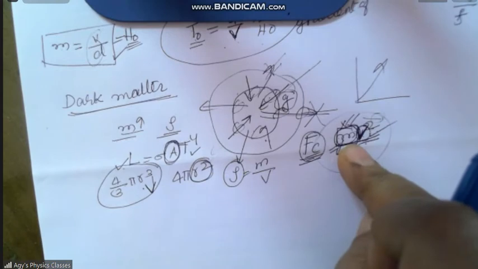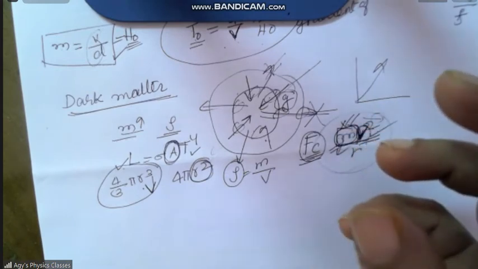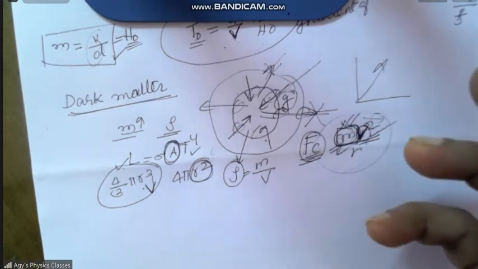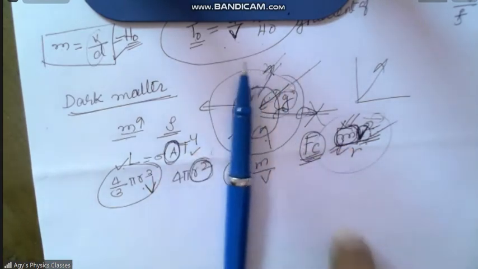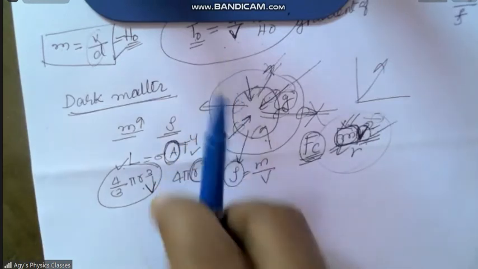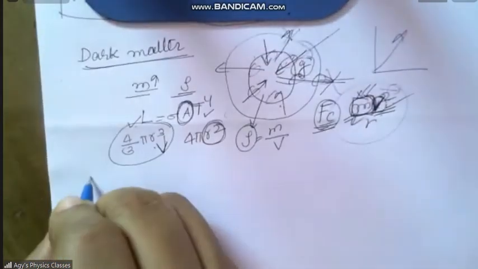Otherwise, the mass of the universe which they have calculated is not sufficient to provide this much centripetal force. So they call it dark matter because it doesn't reflect any light. There is also another thing called dark energy.